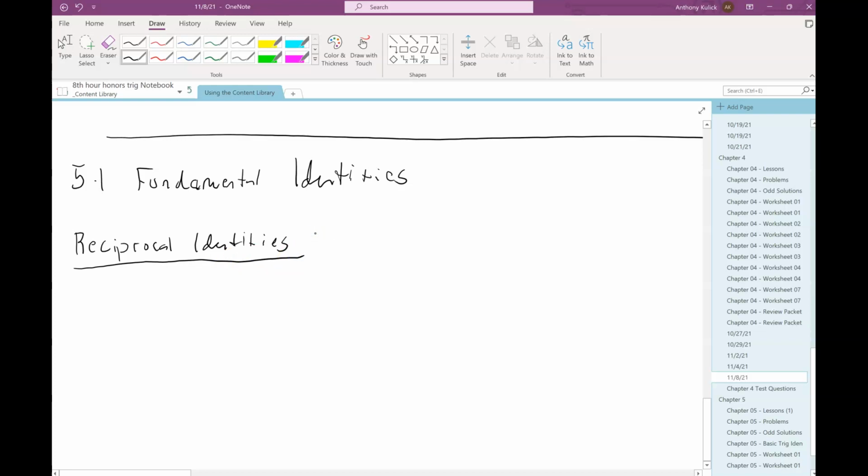Okay. So the first class of identities we're calling the reciprocal identities. So you probably remember way back in chapter 2 that for sine, cosine, and tangent, there was a reciprocal function for each of those, cosecant, secant, and cotangent, respectively. So we're just going to codify that into an identity for each of these.